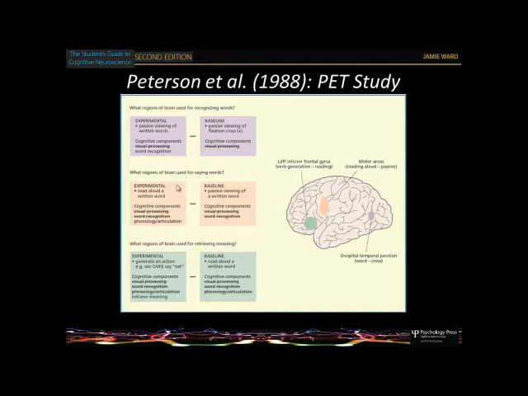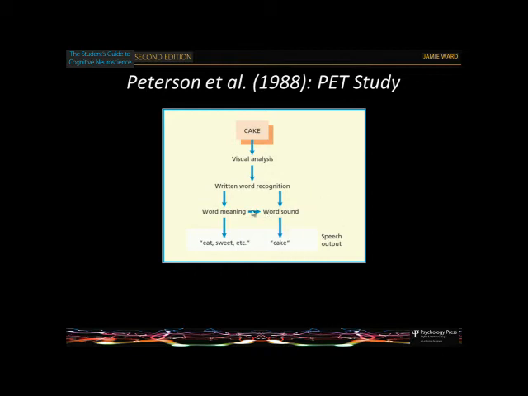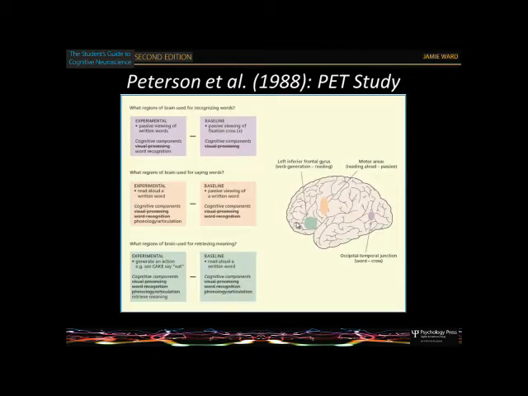So here, they then ask the question, which part of the brain is involved in sounding out words? Here their baseline condition is something different. The idea is that you just passively view a written word, okay? So you see the written word on the screen, and that involves visual processing and word recognition.